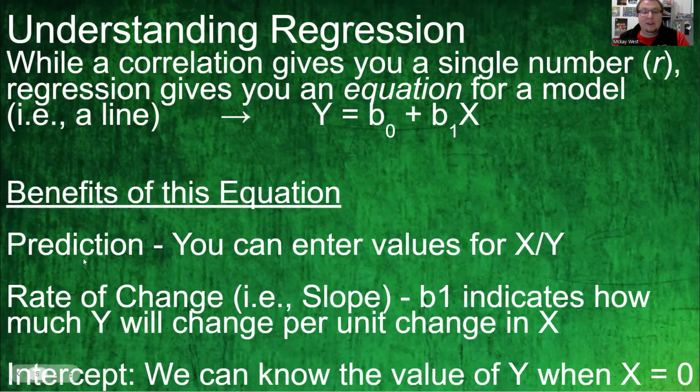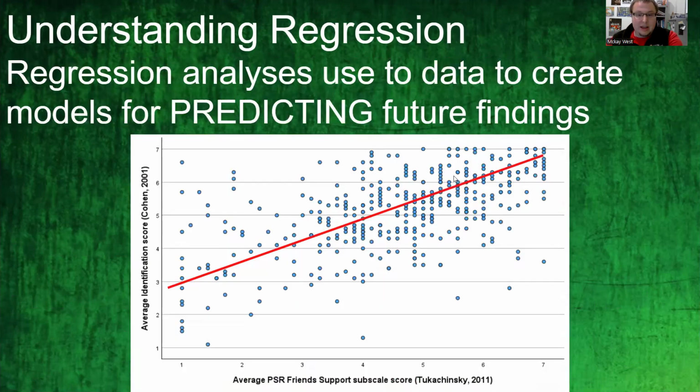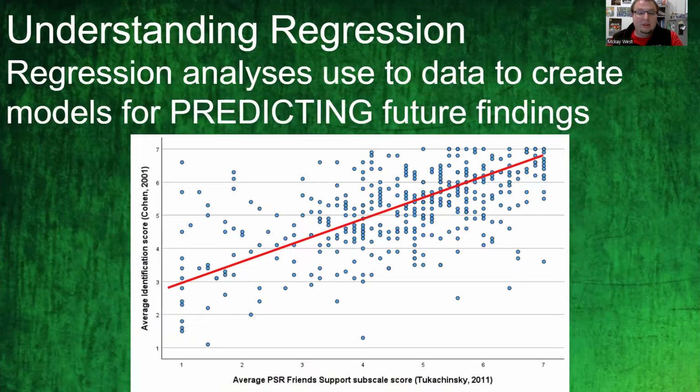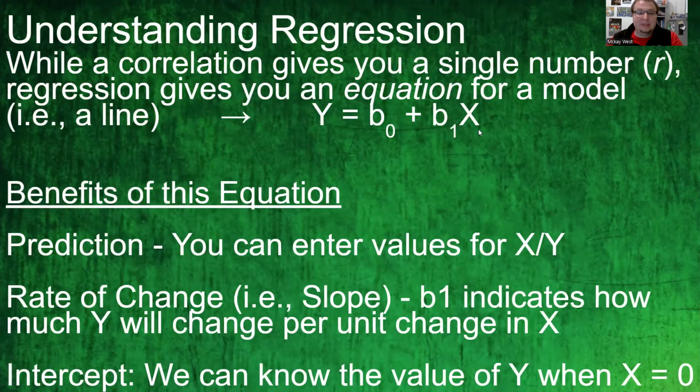Again, I keep using the word prediction, but having an equation means where we have an X up here and a Y, you can put numbers into your X, Y. So going back to that first slide, if we wanted to know how much video games versus reading versus TV time impacted how much intelligence somebody had over X weeks of studying or playing or reading or watching, well, all we need to do for each of those is put in some new values for the X here, and all of a sudden we start seeing just how intelligent each of those different entertainment forms might make a person.